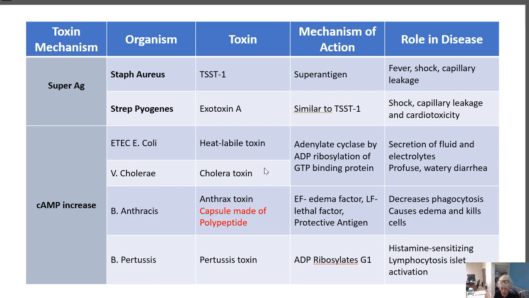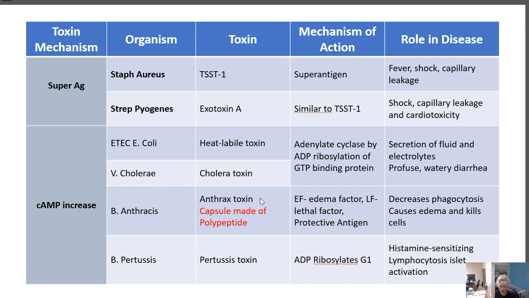So I'm glad they kind of lumped these two together because trying to memorize the mechanism of action can be a little bit challenging. So enterotoxigenic E. coli is adenylate cyclase ADP ribosylation of GTP. Everything here that you see from E. coli down to pertussis uses cyclic AMP.